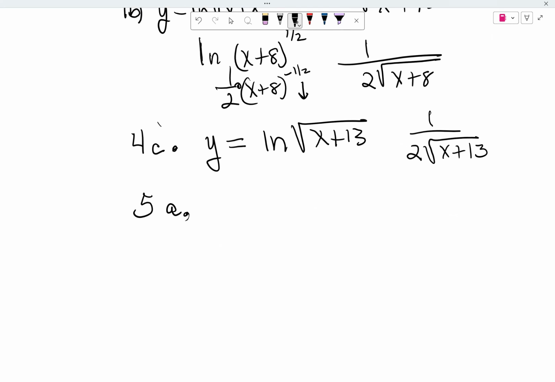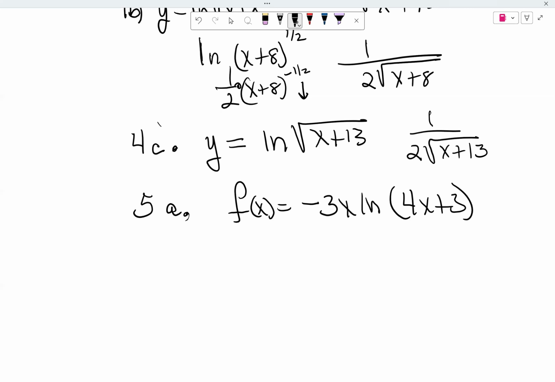I have some function f of x, and I'm going to call this negative 3x natural log of 4x plus 3. Can you tell me its first derivative?